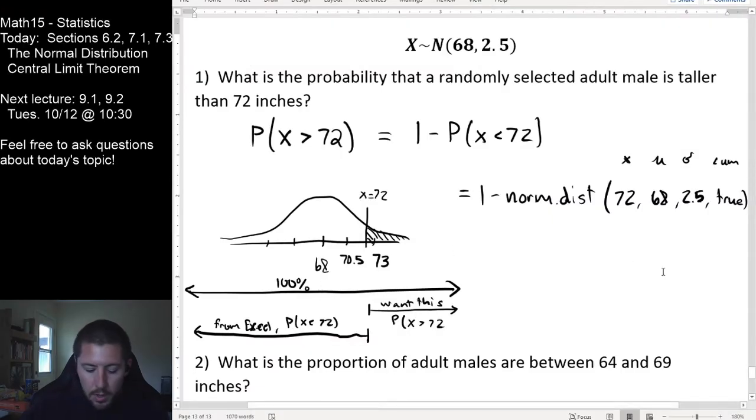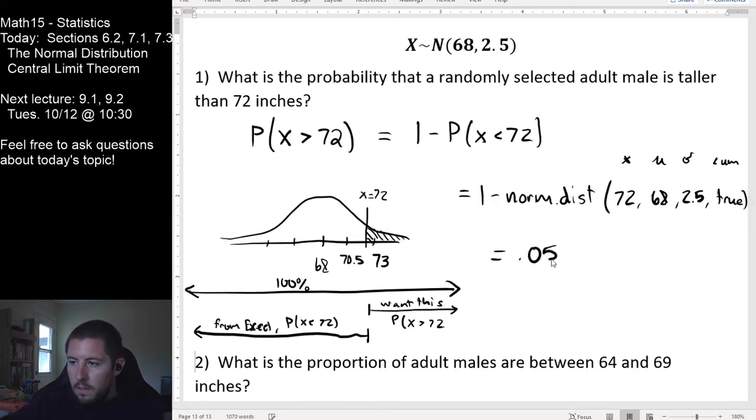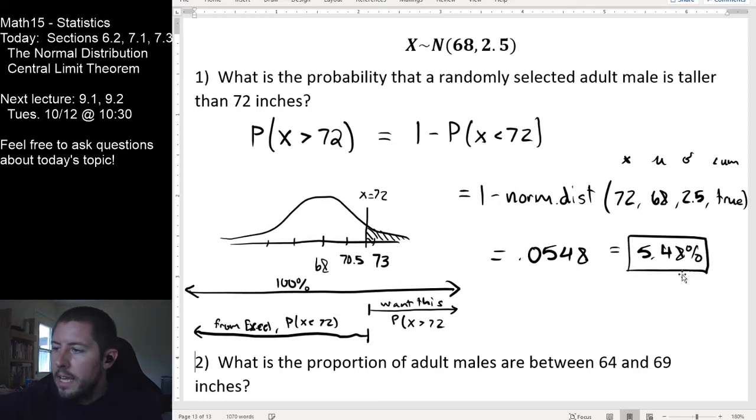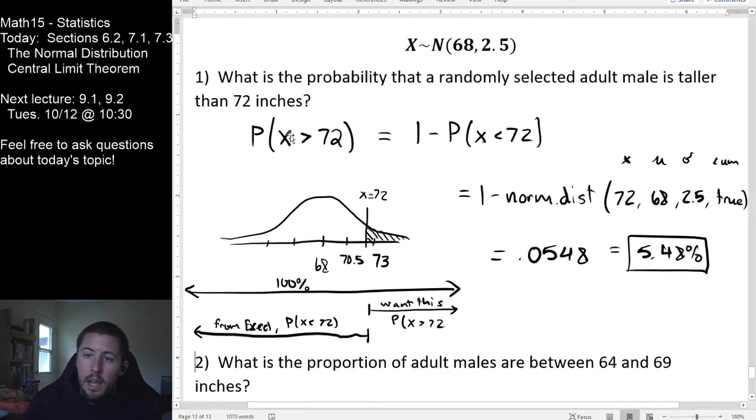And so here we get that answer, 5.48%. 5.48% of adult males in the United States will have a height taller than 72 inches, according to this information. So again, in this case, it matters that we rephrase all of our statements in terms of less thans.